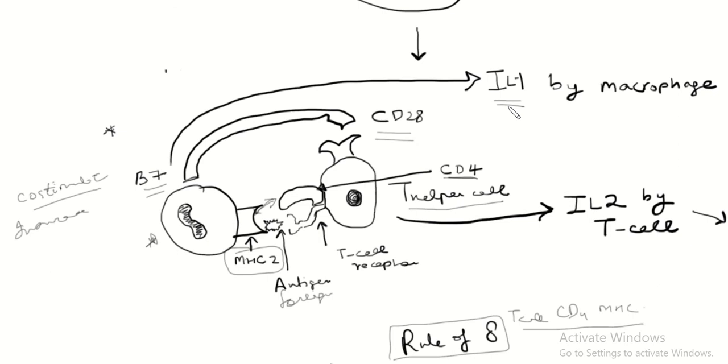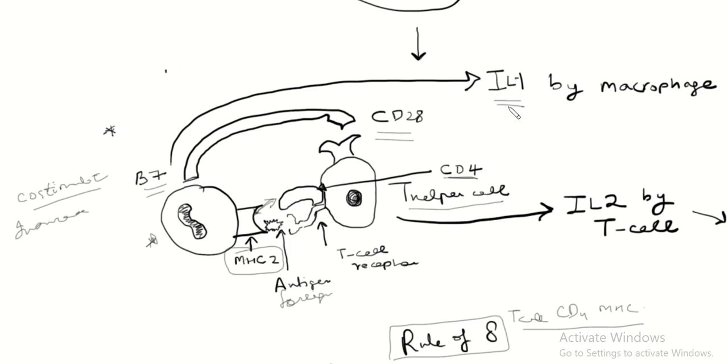And the T helper cell produces interleukin 2, which causes clonal expansion of T helper cells and B cells that are specific to that particular antigen. And then interleukin 5 differentiates the B cells that were created into plasma cells, which gives us our antibodies.